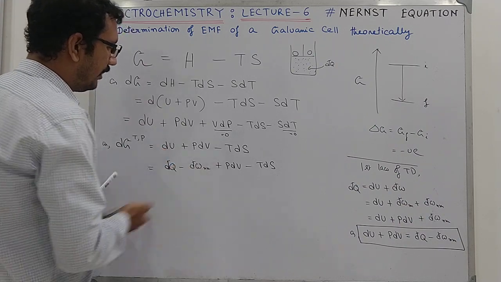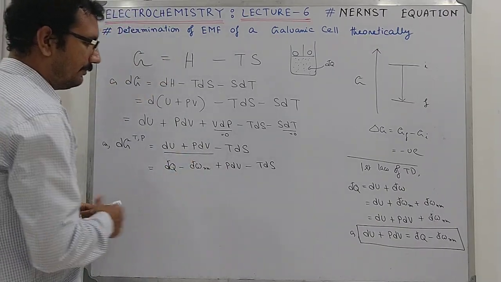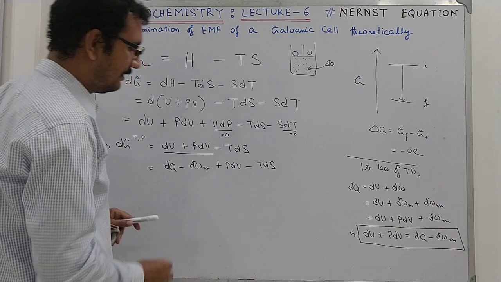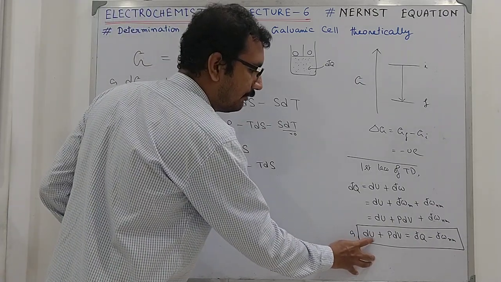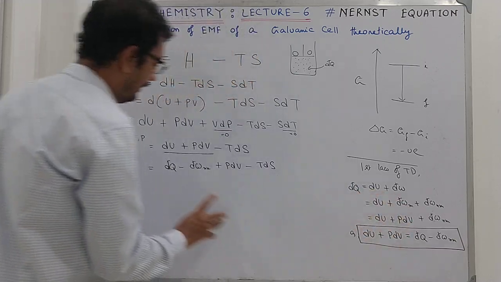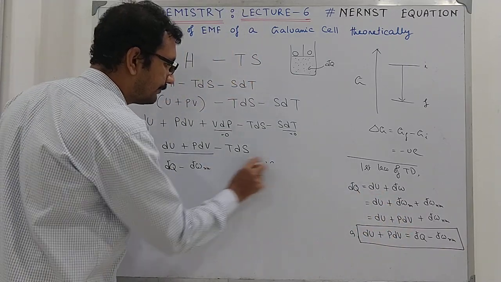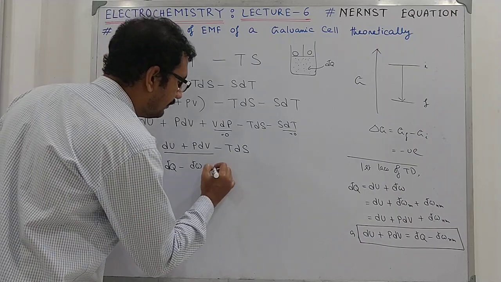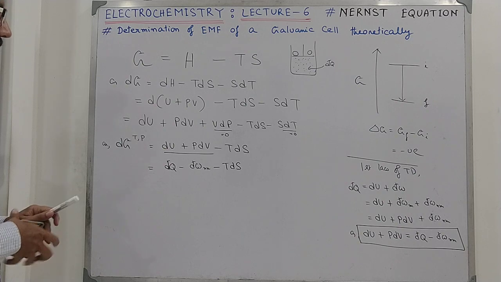You are putting the value of dU plus PdV, so where is this another PdV coming from? This is a printing mistake. When we replace the value of dU plus PdV, we will get đQ minus đW non-mechanical. So this will not come. It will be simply minus TdS.